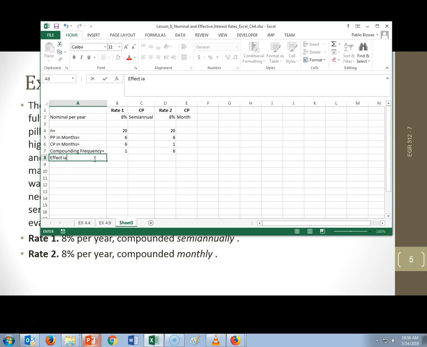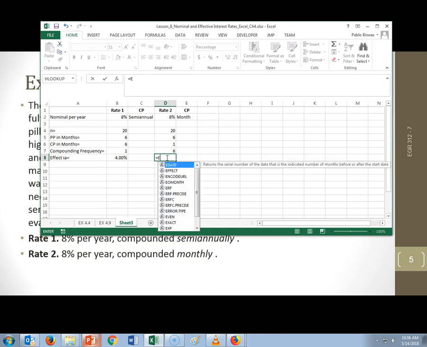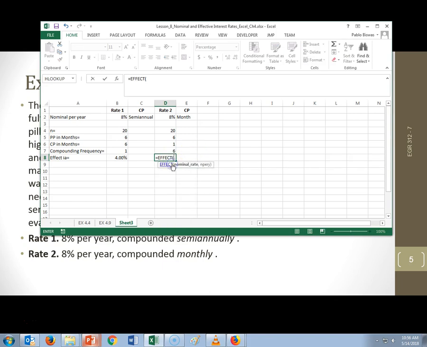Okay, so the effective interest rate, IA, which is equal to, we can basically use the function for this particular case. That is a nominal 8%. We have to reduce that, so we can basically divide this one by 2, which is 4% for this particular case. This is basically happening for 6-month compounding frequency, so we can use the effective interest rate equation, nominal rate is 8%.